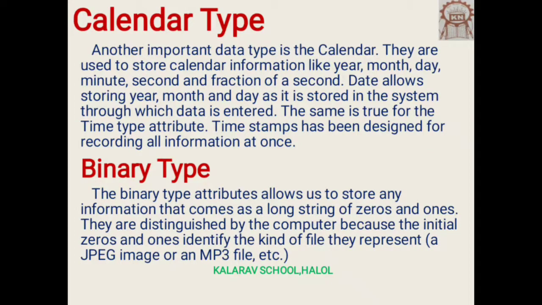They are distinguished by the computer because the initial 0 and 1s identify the kind of file they represent, a JPEG image or an MP3 file, etc. If you want to store any image or a sound file, you select a binary type, that is displayed as an image file for JPEG format or a sound file for MP3 format, etc.